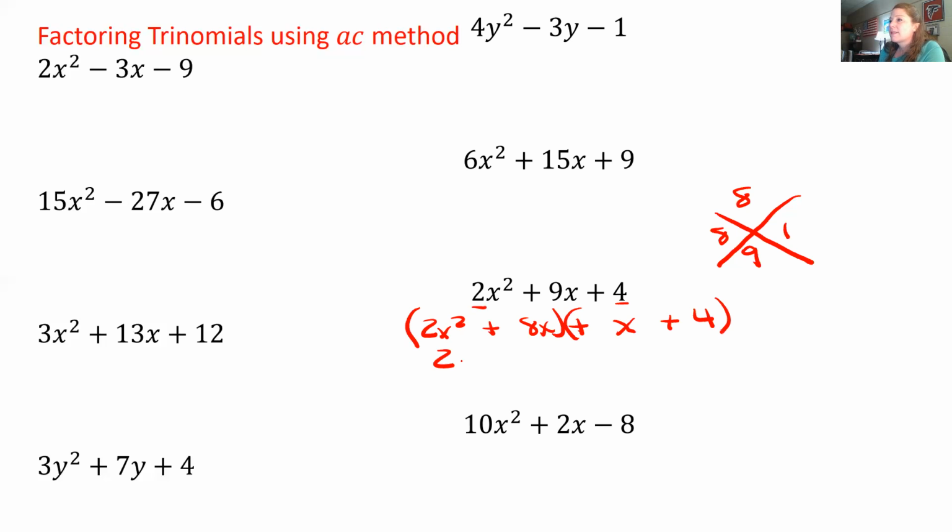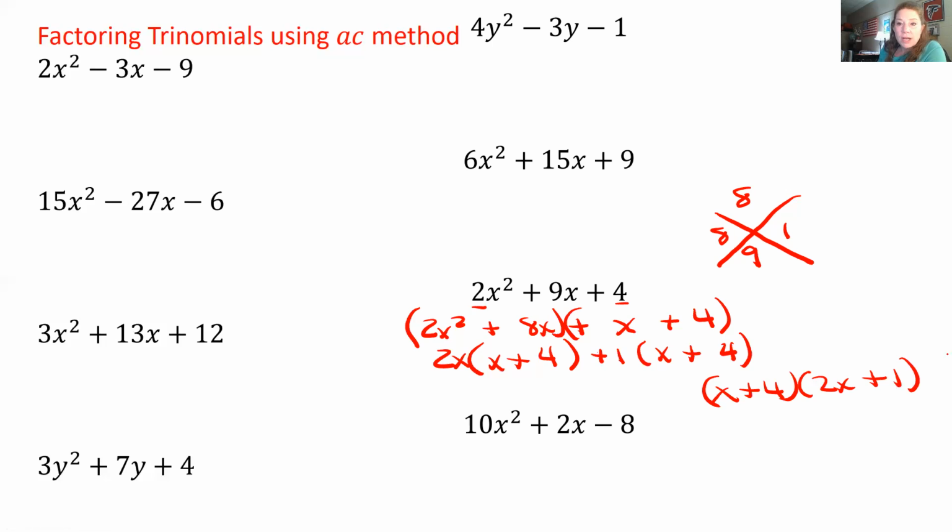So 2x, so we get x plus 4. And then we don't need to factor anything out, so we're going to write plus 1, and then we're going to write x plus 4, just like we did last week. So now our answer is x plus 4 and 2x plus 1. Wonderful. I know you guys are getting this right, you are so smart.